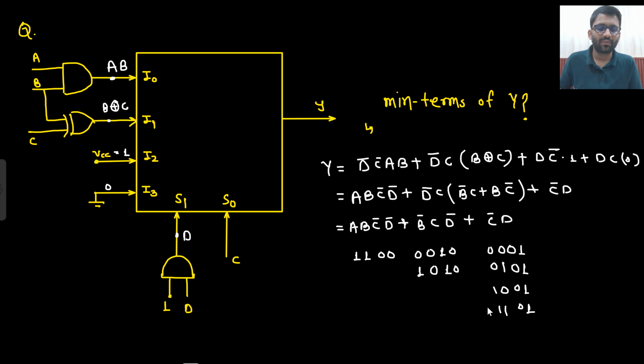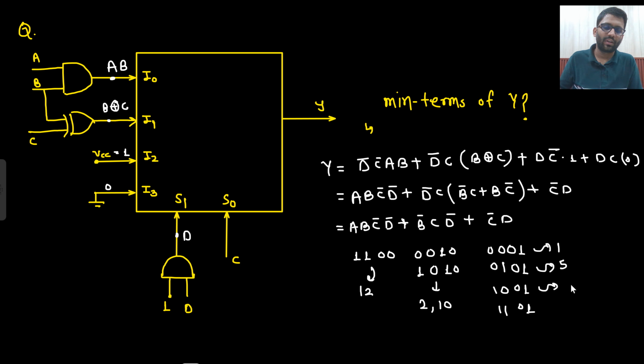This is how we write down the minterms. What is being repeated? 1 1 0 0, 1 1 0 1. I guess nothing is being repeated. So this is 12. From here what are we getting? 1 2, 4, 8, 10. What about this? This is 1. What about this? This is 5. What about this?